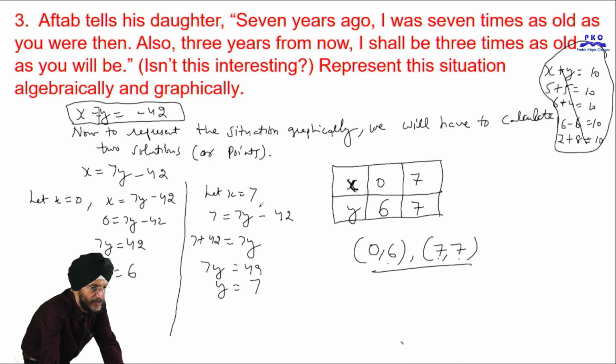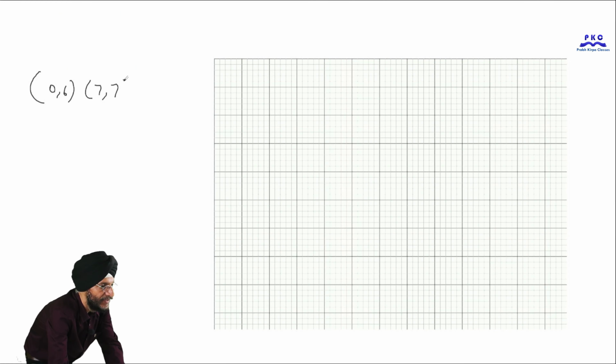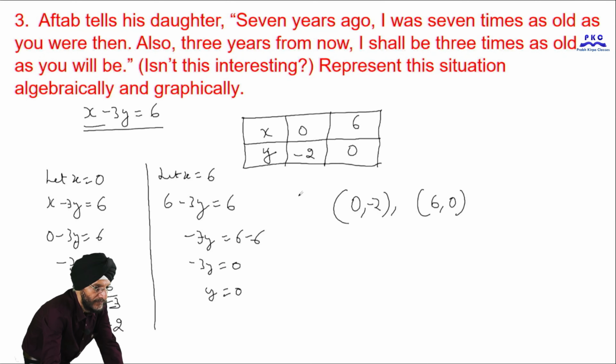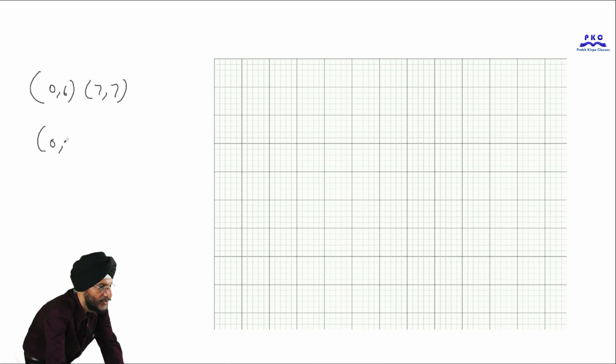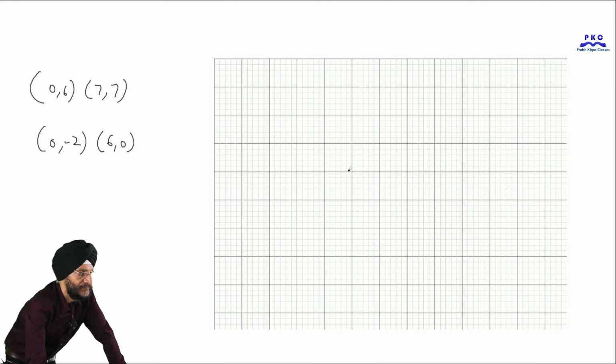First is (0, 6), (7, 7), and the other is (0, -2), (6, 0). These are the two scenarios, two solutions.